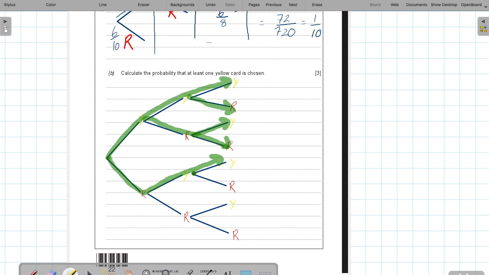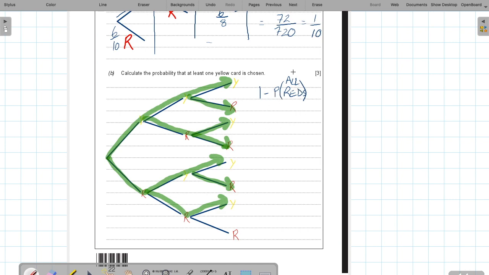Red, yellow, red, we have at least 1 there. And basically, as long as we don't end up picking 3 reds, we have at least 1 yellow. So that can be expressed mathematically as 1 minus the probability that we pick all reds.